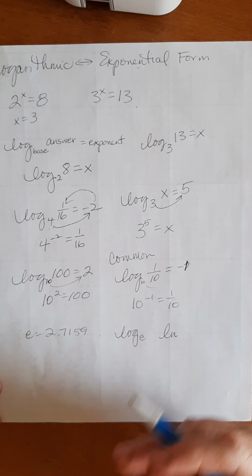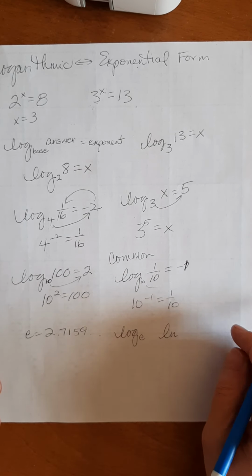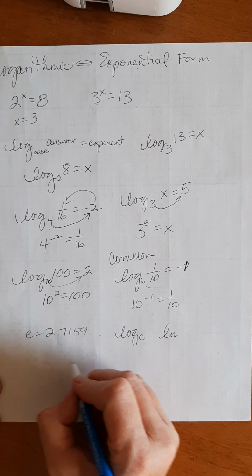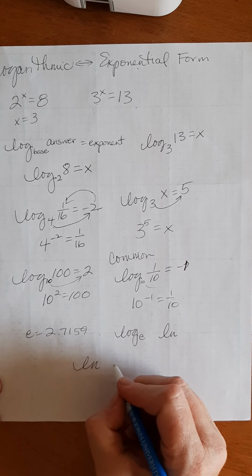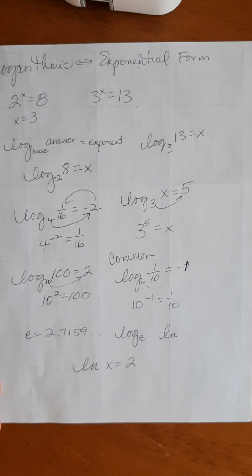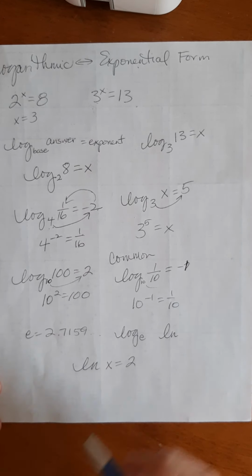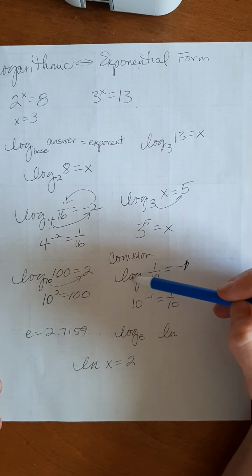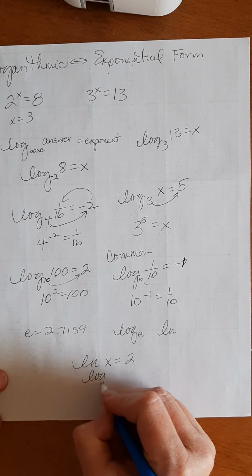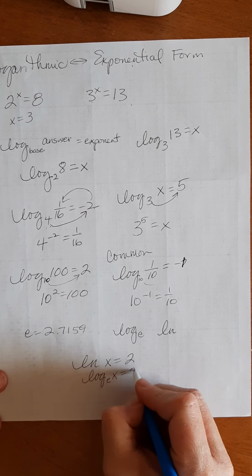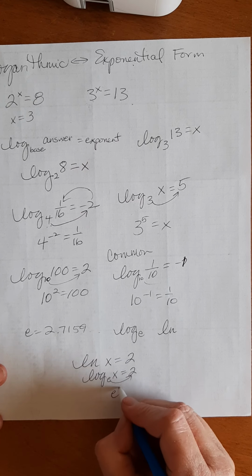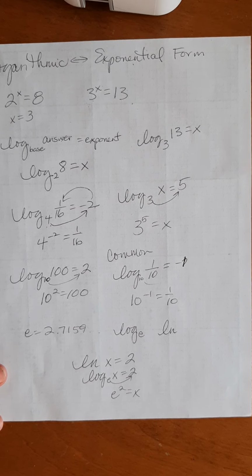I don't know. Take it up with the great mathematicians that created it. But where this comes in, let's say I had natural log of x equals 2. Just like with common logs, it's base 10, this is base e. So e squared equals x.